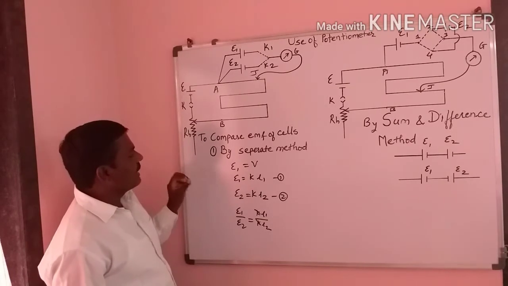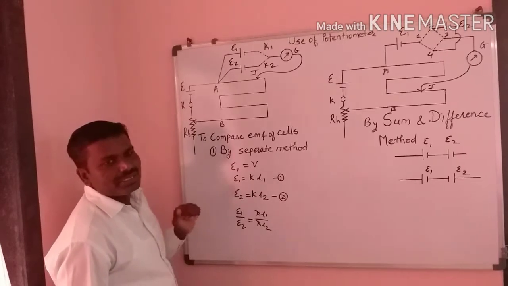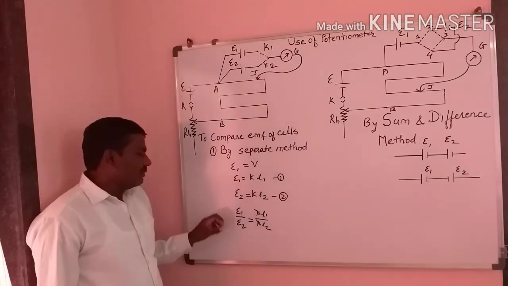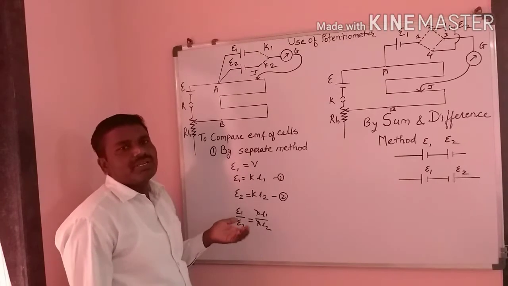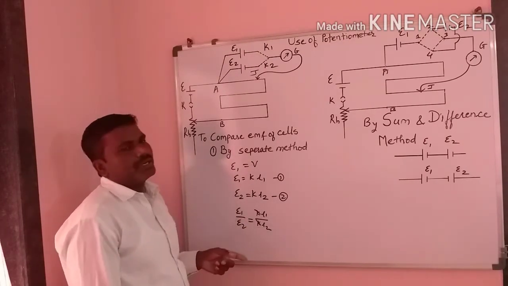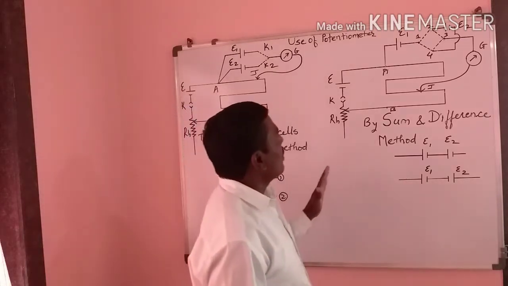That means we can compare the EMFs of two cells by the separate method. If any one EMF is known, then the other EMF can be determined using this formula.